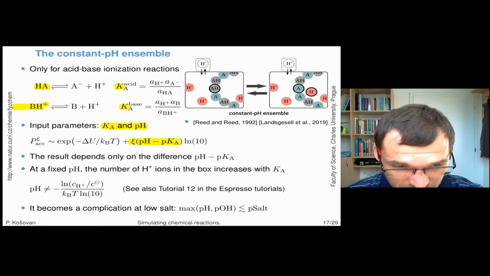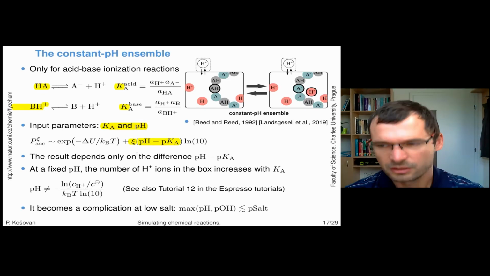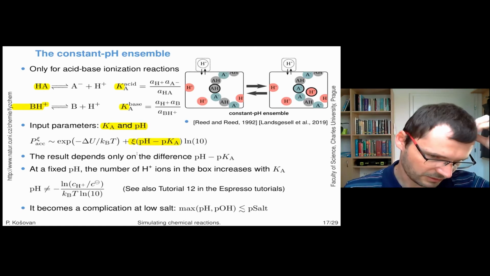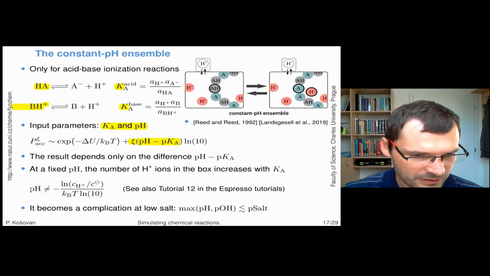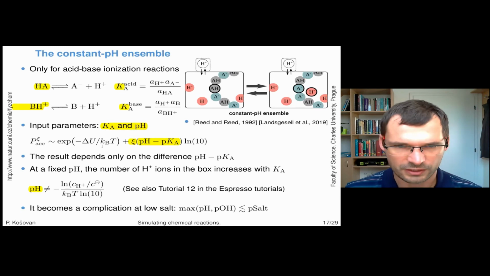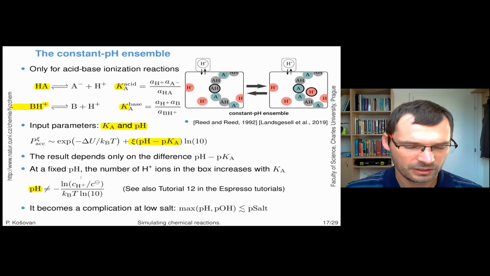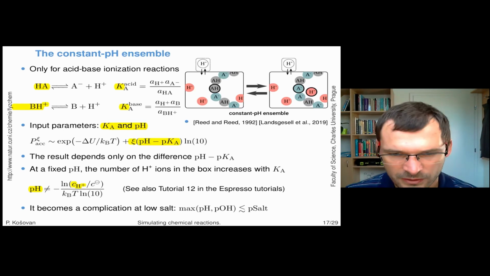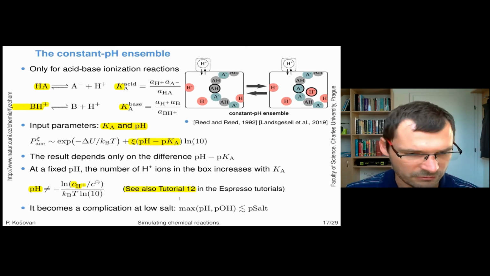That means, even though I have fixed the pH, my number of H+ ions in the simulation box can vary independently of this pH, and this means that the pH, which I set as the input of the simulation, is not equal, and not even approximately equal, to the negative log10 of the concentration of H+ ions in my simulation box. We discuss this in more detail and demonstrate this in tutorial number 12.